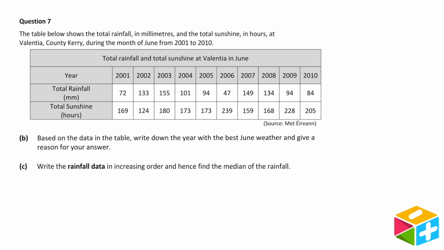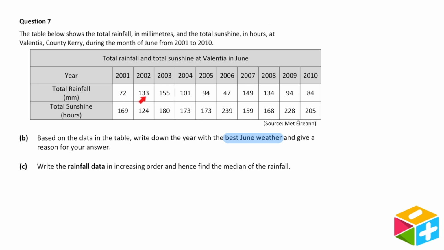There's several approaches we could take to argue which of these had the best weather. Most people don't like having rain in June. So one reasonable approach would be to say that the best weather was the year which had the least amount of rain.